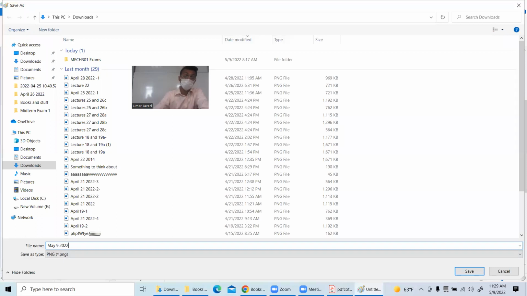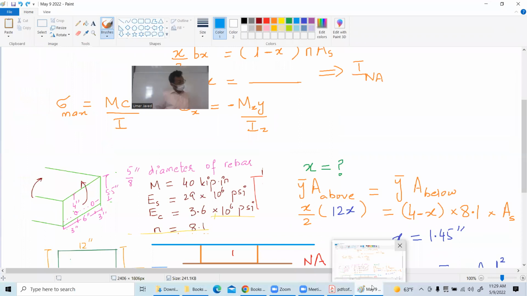For finding the stress for the steel, we subtracted 4 inches from the found X, right? Why did we do that? X is the distance from the reference line to the neutral axis, right? So we subtracted 4 from X. Why did we do that to find the stress of steel?